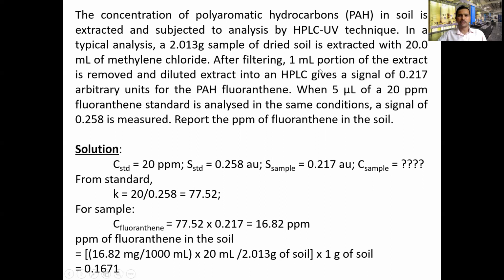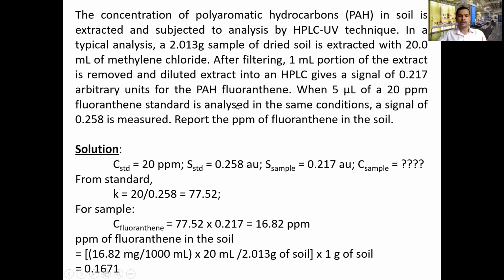After filtering, a 1 ml portion of the extract is removed and diluted extract into an HPLC gives a signal of 0.217 arbitrary units for PAH fluoranthene. When 5 microliter of a 20 ppm fluoranthene standard is analyzed in the same conditions, a signal of 0.258 is measured. Report the ppm of fluoranthene in the soil.